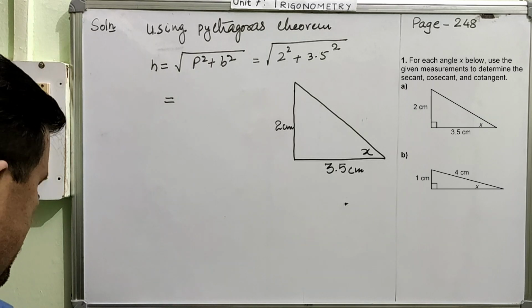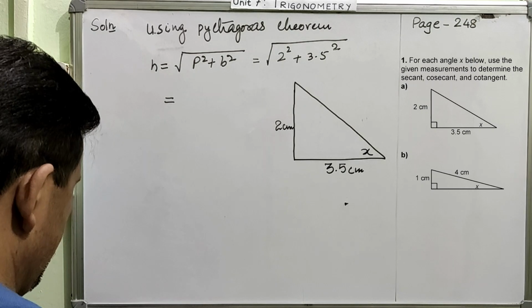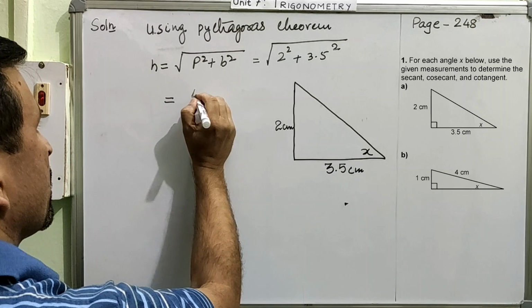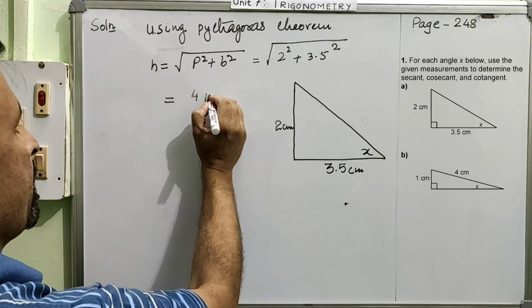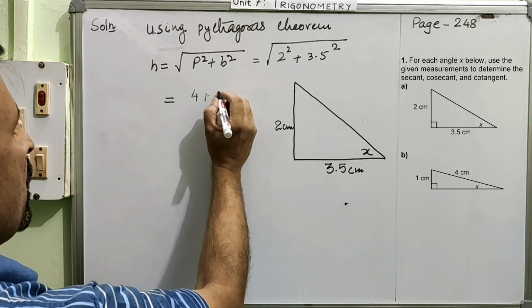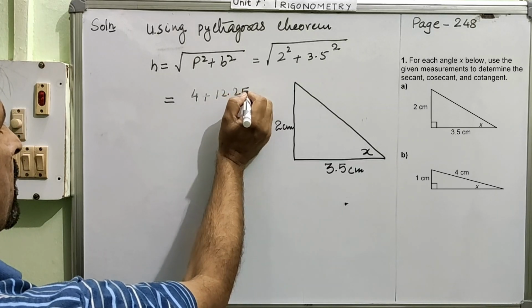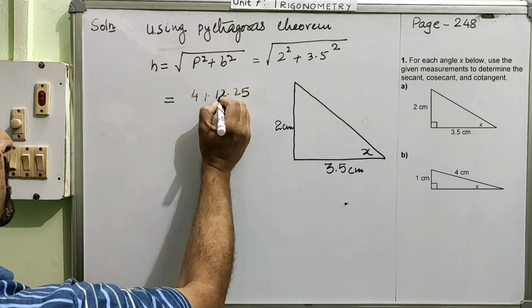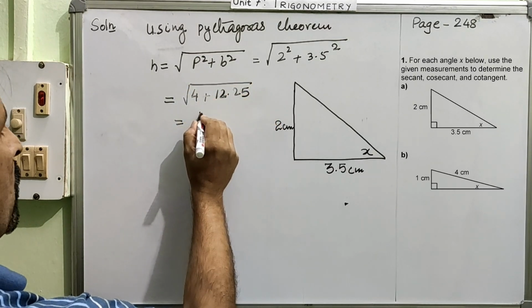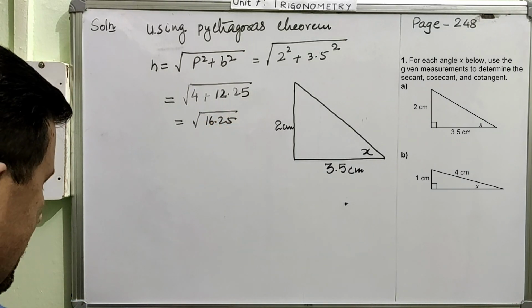2 square is 4, and then 3.5 square is 12.25. The sum of this will be root over 16.25. Is it very clear?